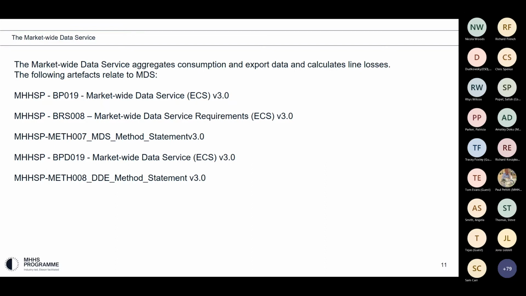That doesn't really tend to relate to this central system, so I think we might leave part of that for one of the other sessions, because D10s are potentially being passed on change of supplier, and that would relate to the data services rather than the central services, which are not receiving any D10s at all. So it's only receiving half-hourly data, because it is what it says on the tin, market-wide half-hourly settlement.